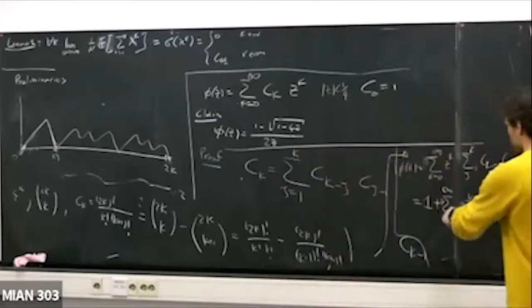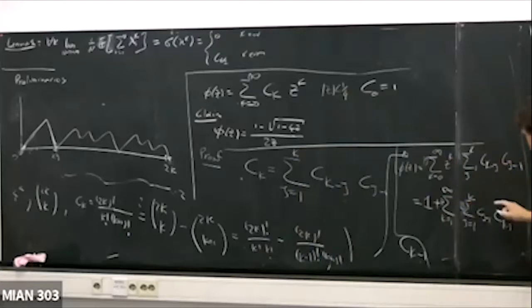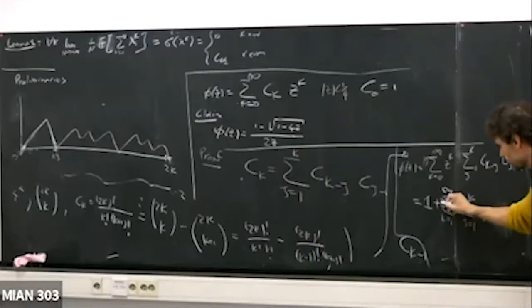And so this z to the k, I write it as z times z to the j minus 1 times z to the k minus j.